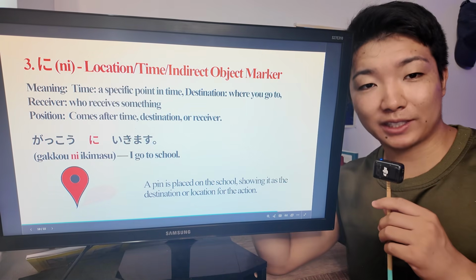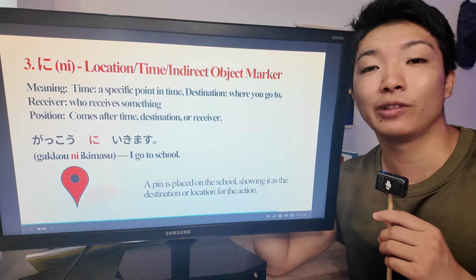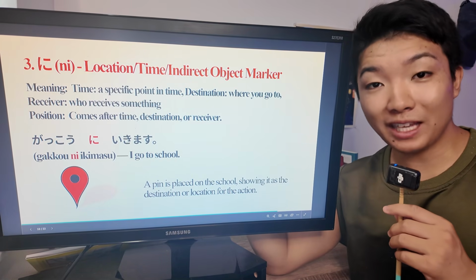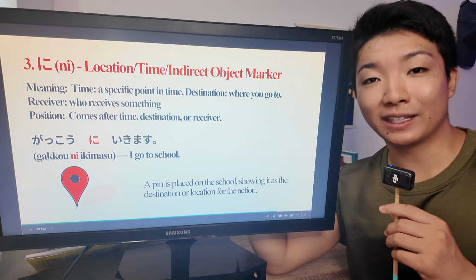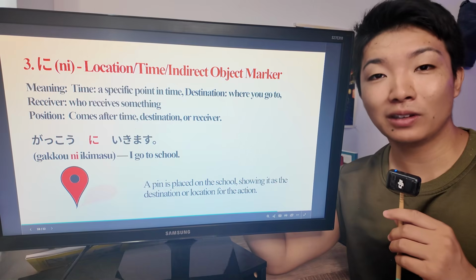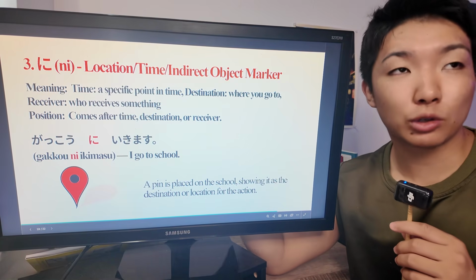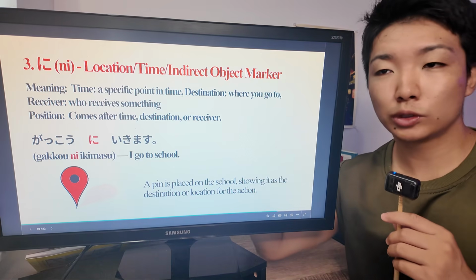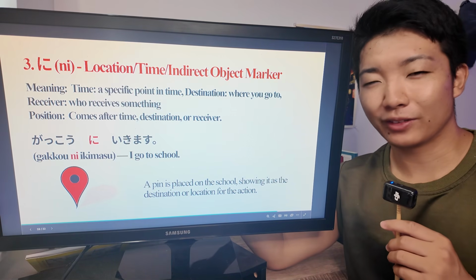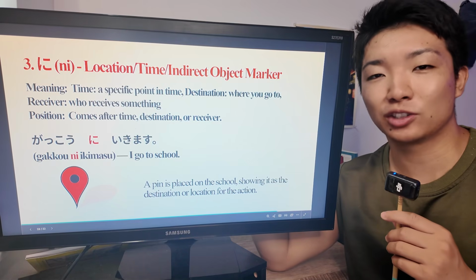A pin is placed on the school, showing it as a destination or location for the action. Whenever you use the ni particle as a location or destination particle, the action is showing movement, for example to drive, to go, to run. Make sure the action shows movement.